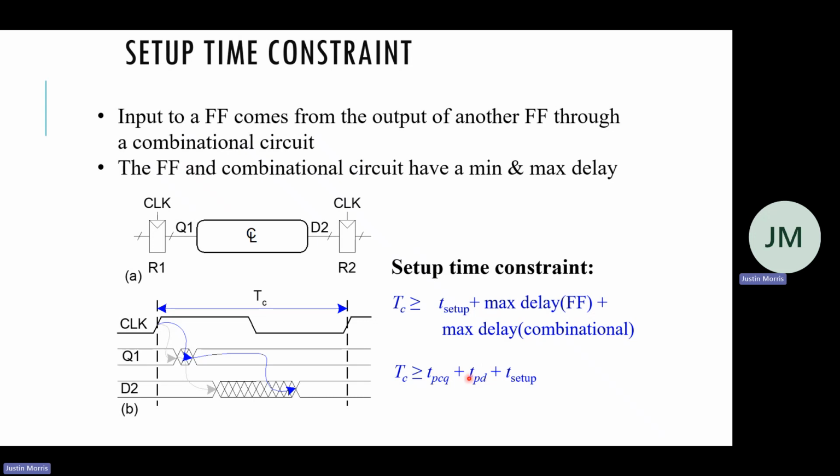The second thing that happens is propagation delay of the combinational circuit once it sees that change from the register to where it's stable, right? And then we have the setup time. So the time needed before the clock edge or the next register in order to capture the input properly. So this is your setup time constraint for registers.